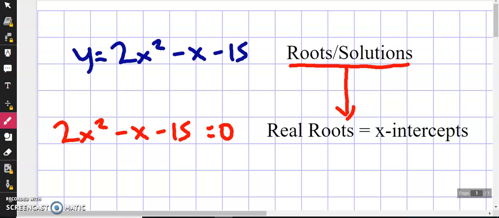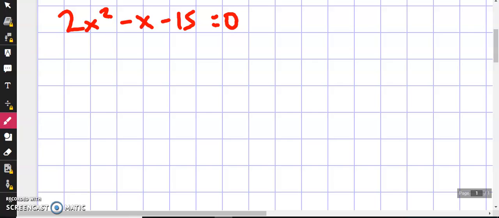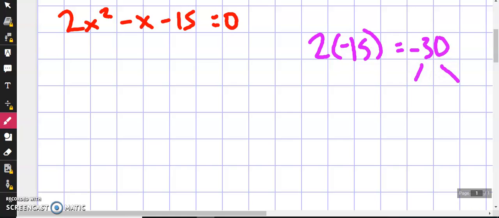Before I do anything else, I'm going to try to write this equation into factored form. I will multiply my 2 and negative 15 to get negative 30. When I think of numbers that multiply to 30, I know that I can do 5 times 6.